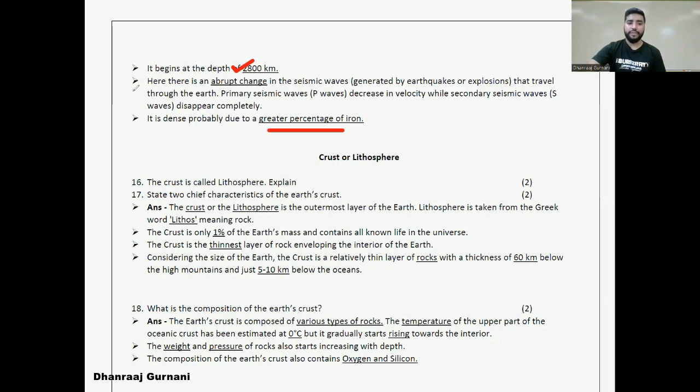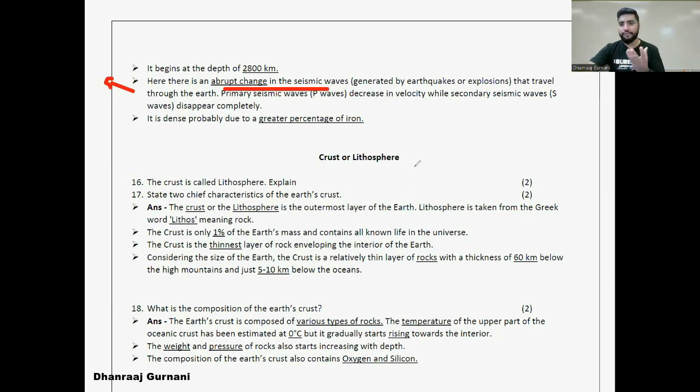The third point, which is a little different one: how do you come to know that there is a layer or there is some kind of discontinuity, as the name says? How do you come to know that there is some kind of change? It is because here there is an abrupt change in the seismic waves.